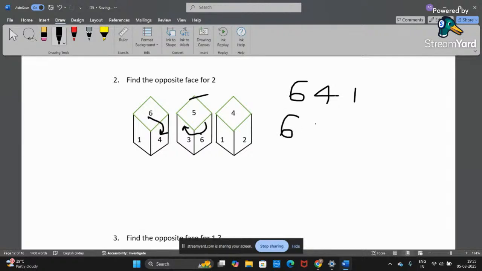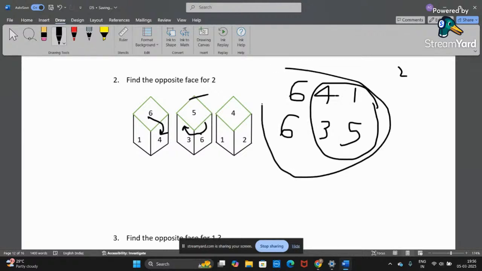Clockwise, after 6 it is 3, so I've written 3 here. After 3 it is 5. So find the opposite face for 2. Here 1 is there, 5 is there, 3, 4, 5 are there, 2 is not there. What is the remaining missing number? 2, right? Then the opposite face for 2 is 6.